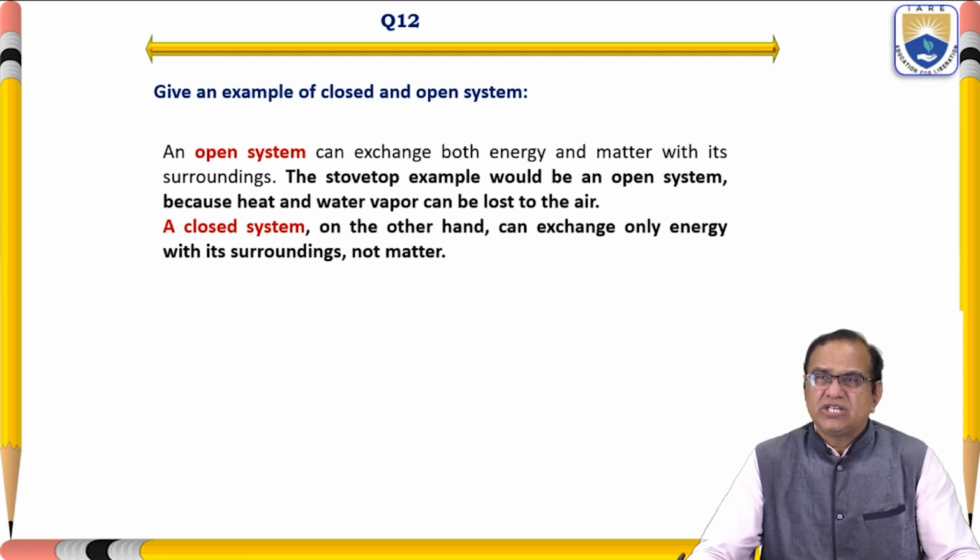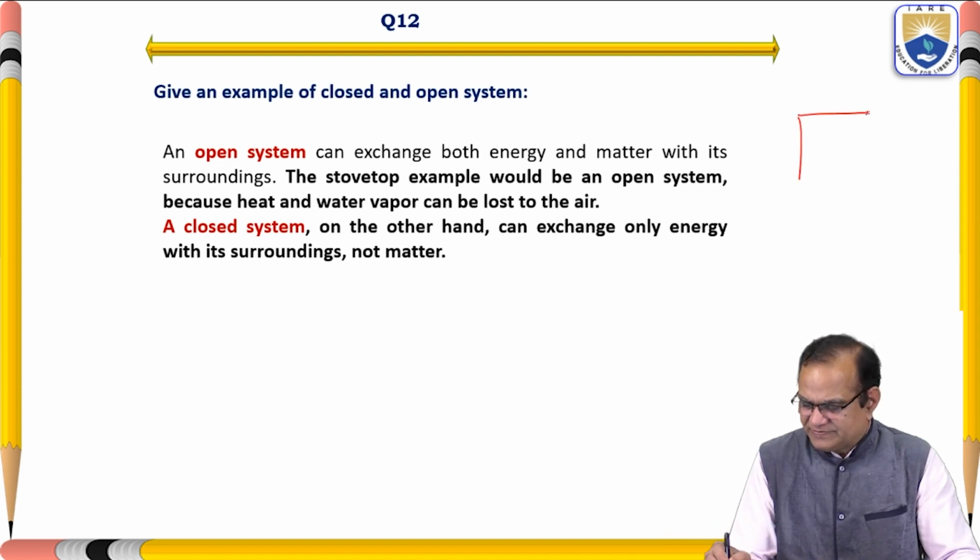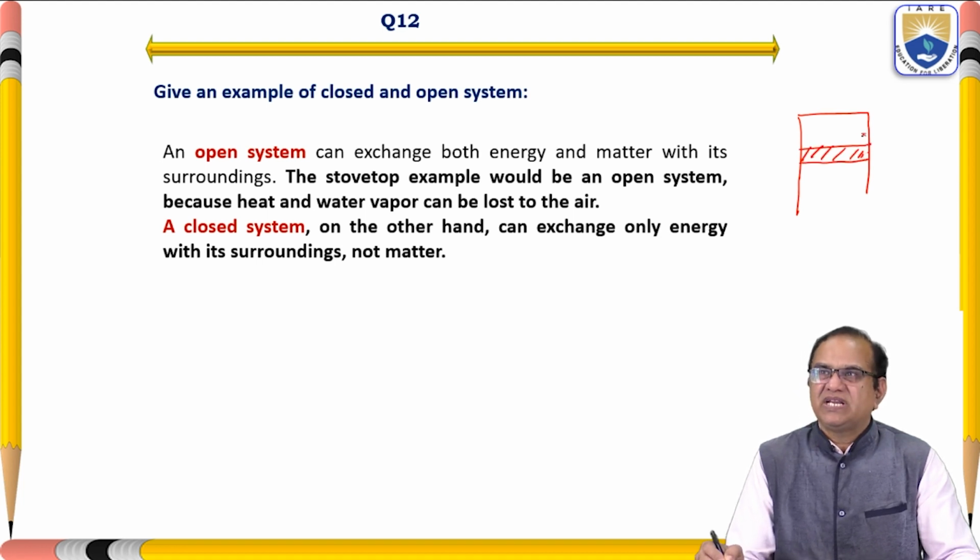The stove top example would be an open system because heat and water vapor can be lost to the air. A closed system, on the other hand, can exchange only energy with its surrounding, no matter. So, if I take a piston and the cylinder, this is the piston and this is the cylinder, and it is moving.